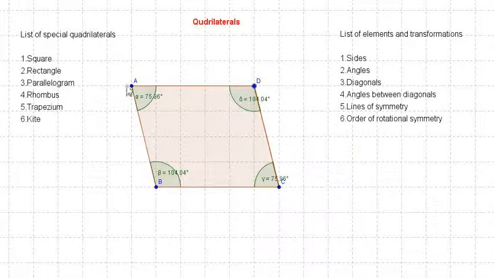So in this case, AD and BC are parallel to each other, and the other pair, AB and CD, are also parallel to each other. It doesn't have any line of symmetry, and the order of rotational symmetry is 2.